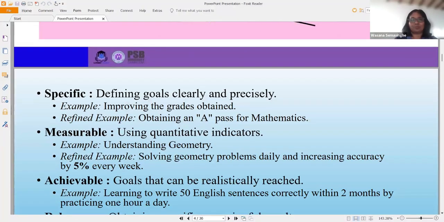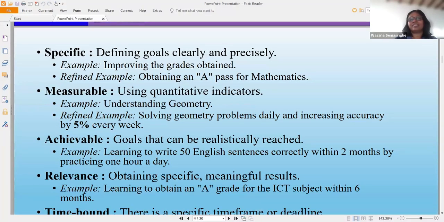So let's talk about them. Specific. What do you mean by the term specific? So we should be able to define our goals very clearly and precisely. As an example, you have given an example. Improving the grades obtained. That is not specific.